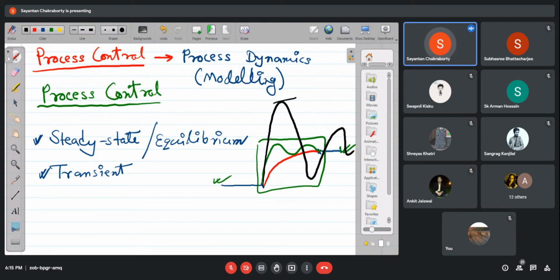That is, suppose this product is running at 1,000 units per hour. We want to increase it to 1,500 units per hour. So there is a shift in equilibrium for all the states or conditions. These changes should not bring about such uncontrolled or unconditionally high levels of process variables. They should all be bounded.